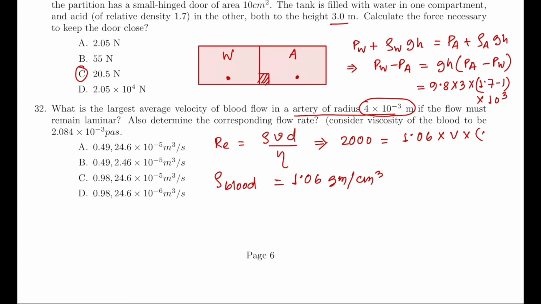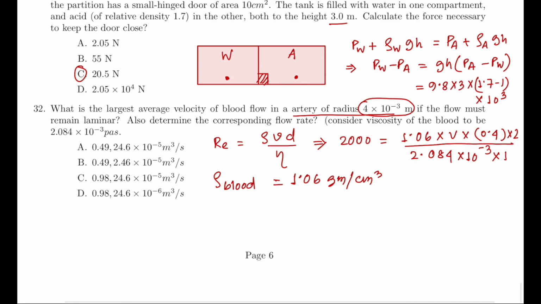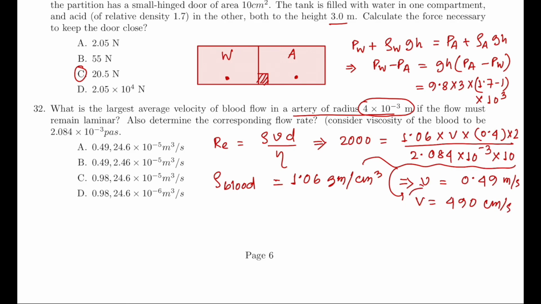So this is 0.4 into 2 because we need to have diameter, divided by 2.084 into 10 to the power minus 3, which is in Pascal second. To convert it into poise, you need to multiply a factor of 10, and if you find out V, you will get 0.49 meter per second. So from here you will get V as 490 centimeter per second, then you have to convert it into meter per second.